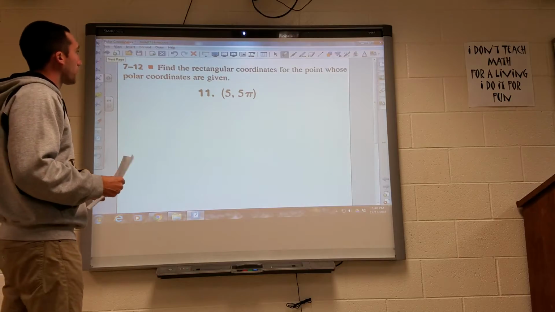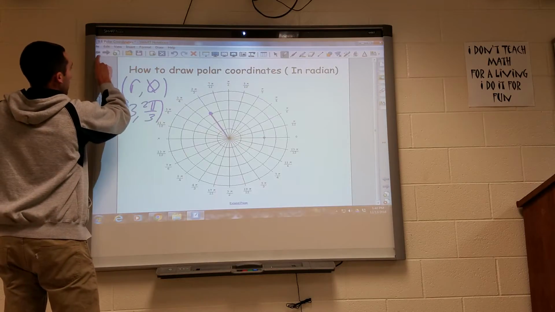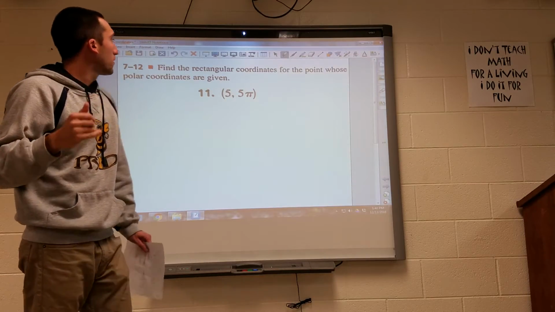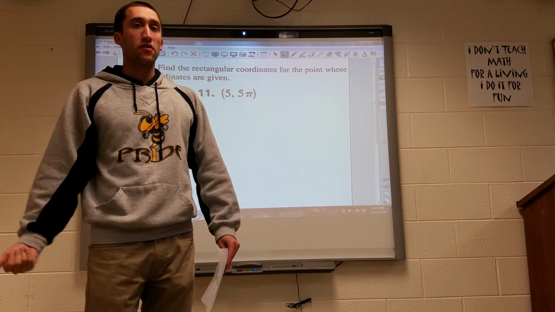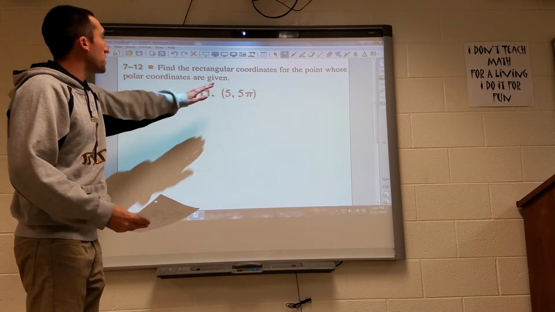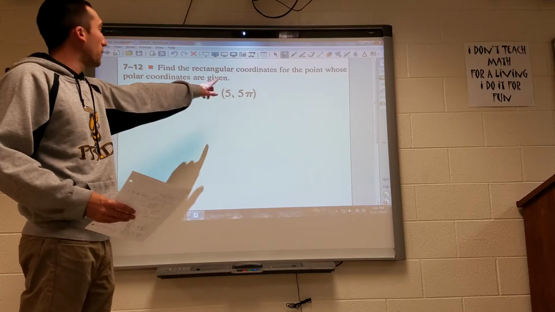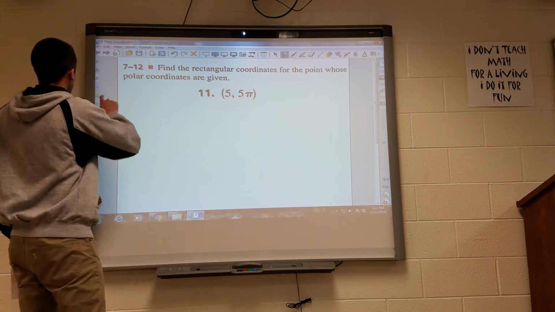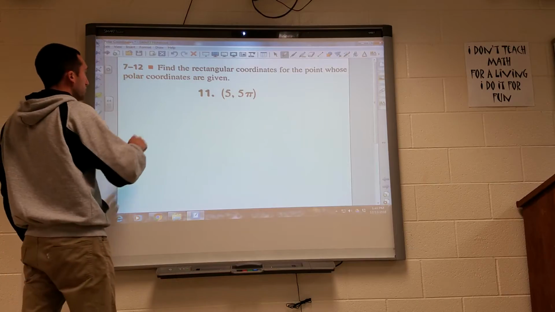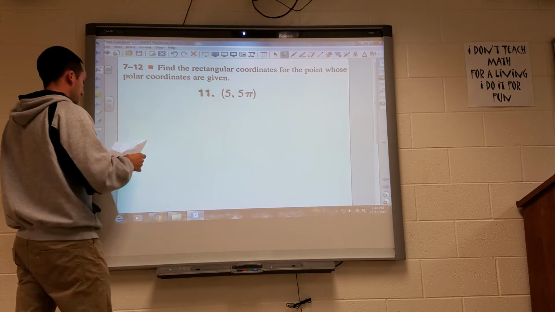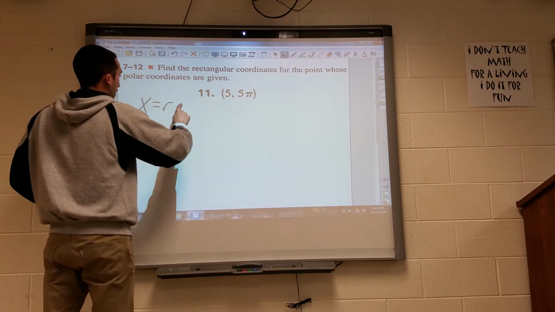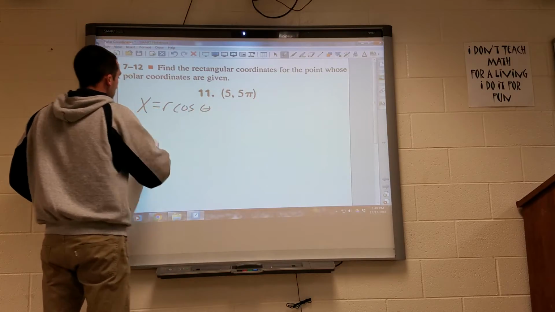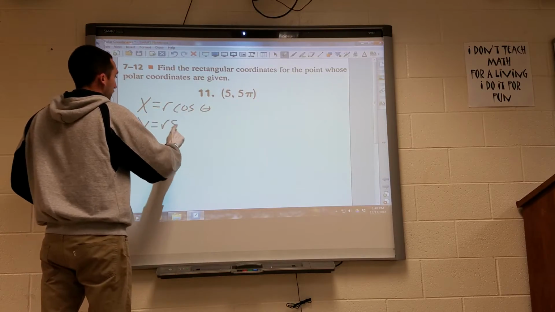Now let's go from polar to rectangular coordinates. They've given me a point in polar coordinates and they want me to go rectangular. So what I have to do is know the equations that x equals r cosine theta and y equals r sine theta.